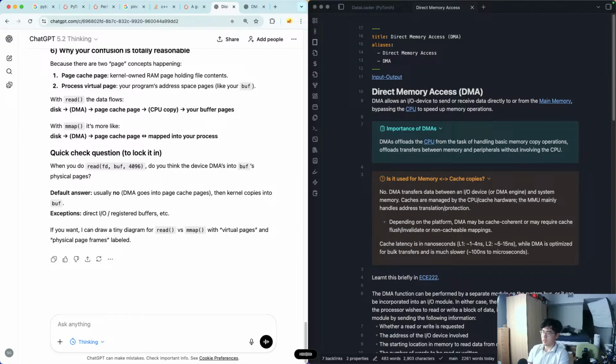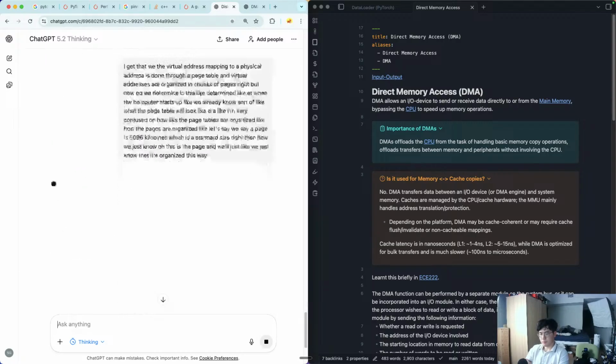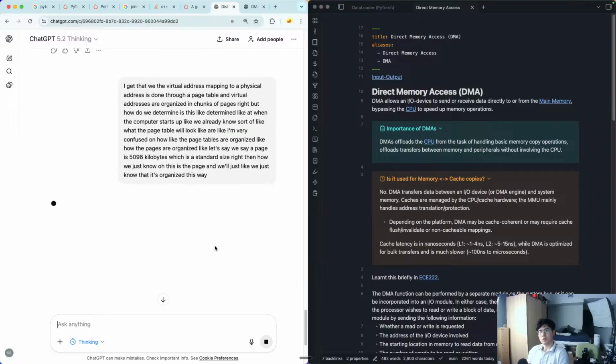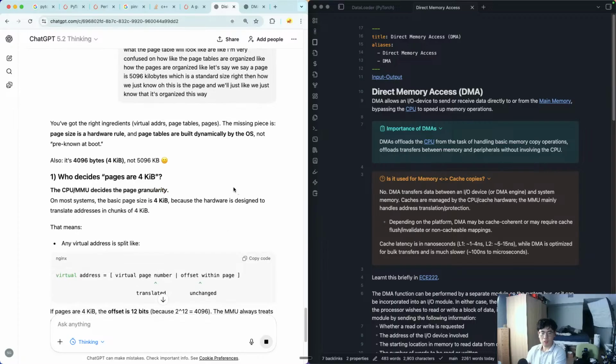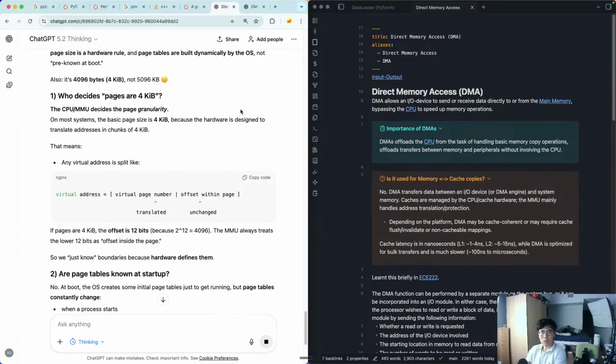Let's say a page is 4096 bytes, which is a standard size, right? Then how do we just know, oh, this is the page, and that it's organized this way? I said 4,000. 4 kilobytes.